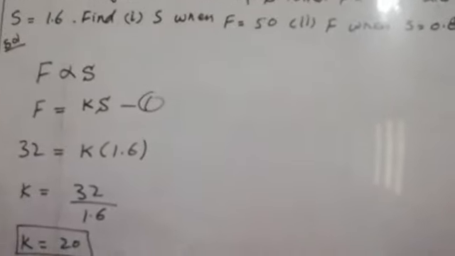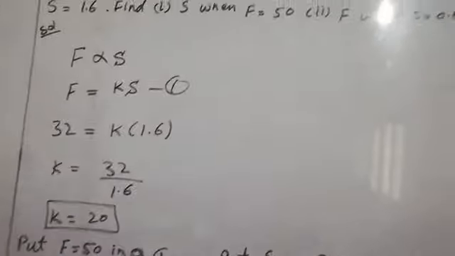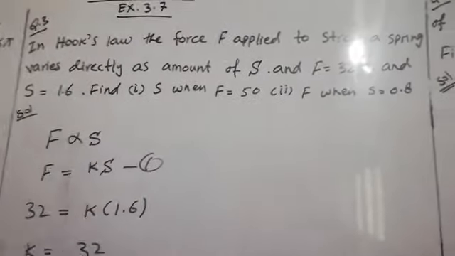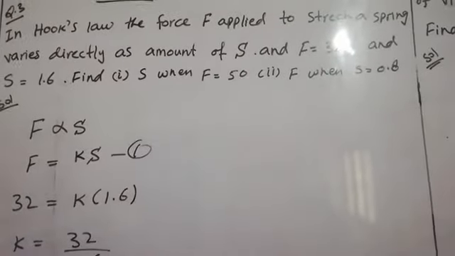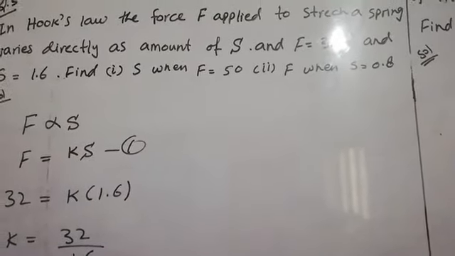Okay, my dear students, this is the end of our chapter number 3, which was about variations. I told you that there are two types of variations, direct and inverse. Direct variation is the variation in which an increase in one quantity causes an increase in the second quantity and vice versa.